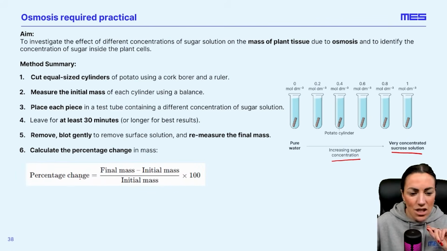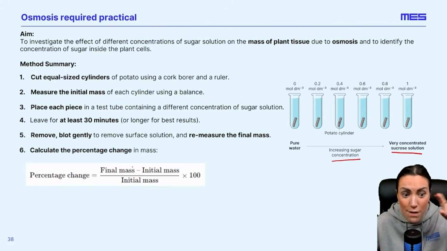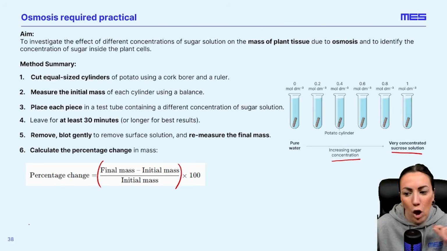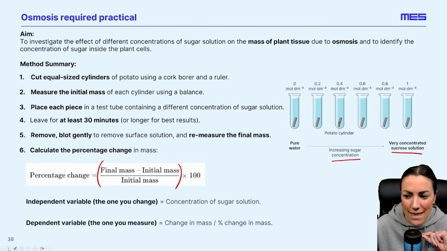So to do percentage change, it's the difference over the original times 100. So to find out the difference, you subtract the starting mass from the final mass. That will give you the change in mass, the difference, over the original, which in this case is obviously the starting mass. And then you multiply that by 100 to get it as a percentage.